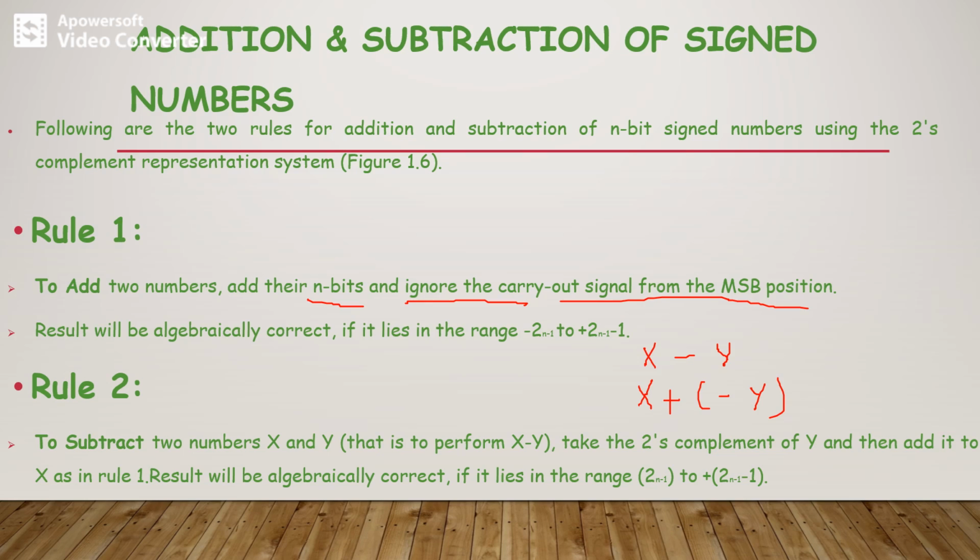That will be equivalent to x minus y. So that is the second rule: in order to subtract two numbers x and y, take the 2's complement of y and add it to x.